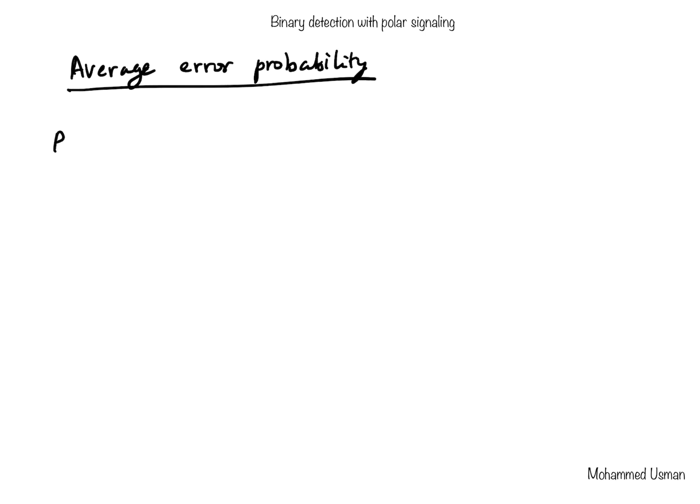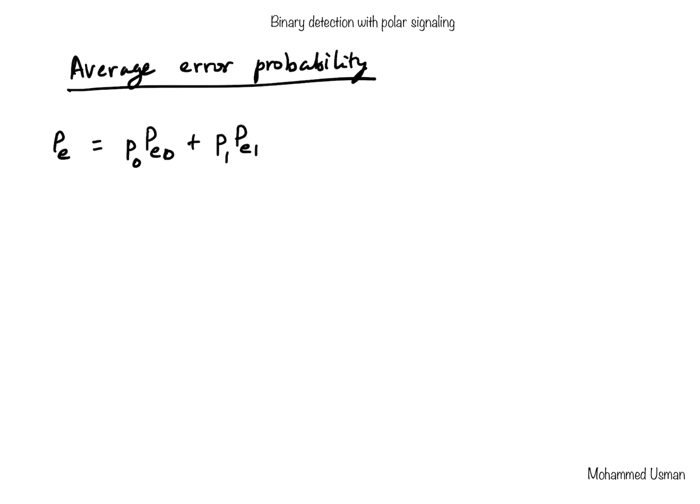So we compute the average error probability, which we call simply PE, and that is equal to the probability that we transmit a 0 and there is an error in that 0, so it's P0 into PE0, or the probability that we transmit a 1 and there is an error in that 1.